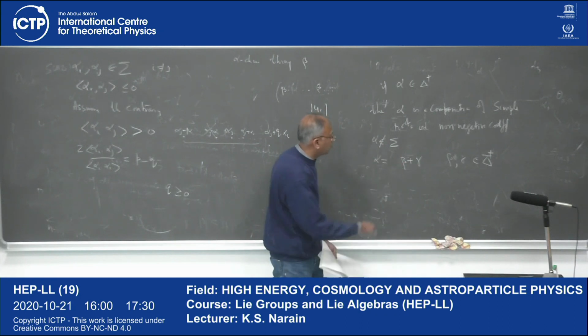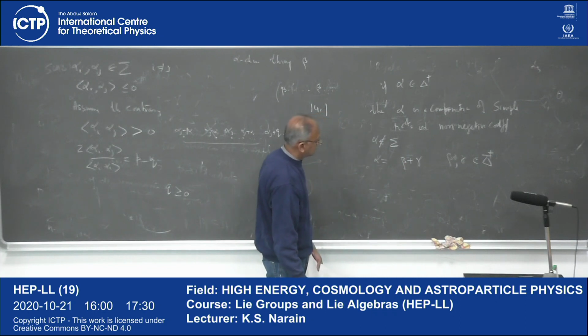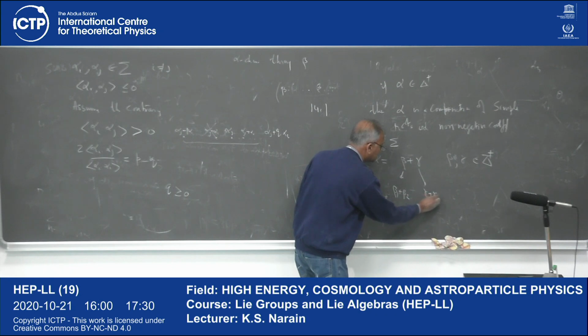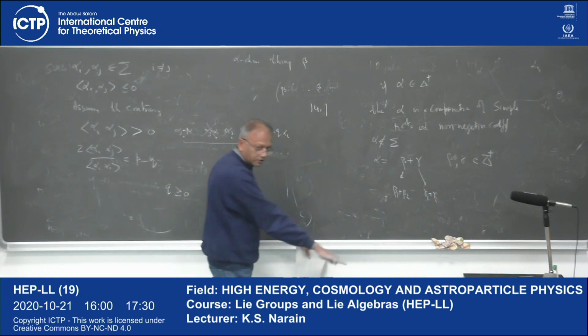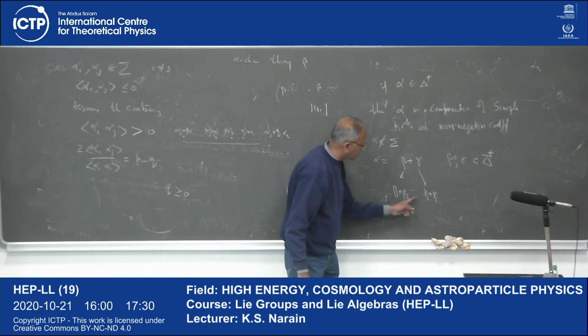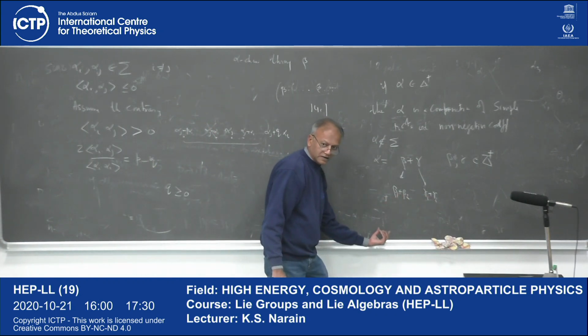So suppose both of them are not simple roots. Then I can write them again as beta 1 plus beta 2, and gamma 1 plus gamma 2, and so on. Then again you ask the question, are they simple roots or not? If they're not simple roots, again keep going down.